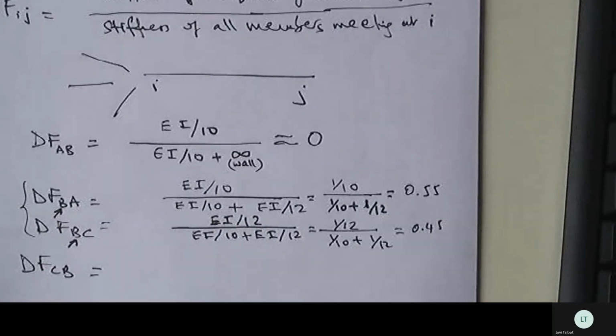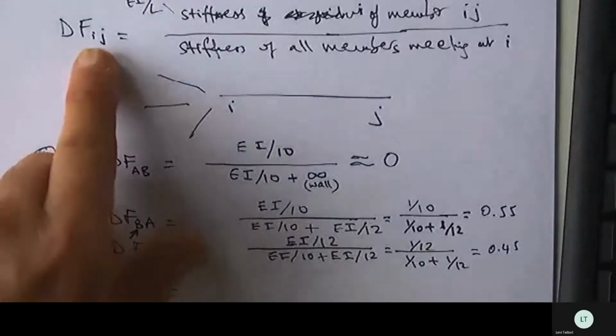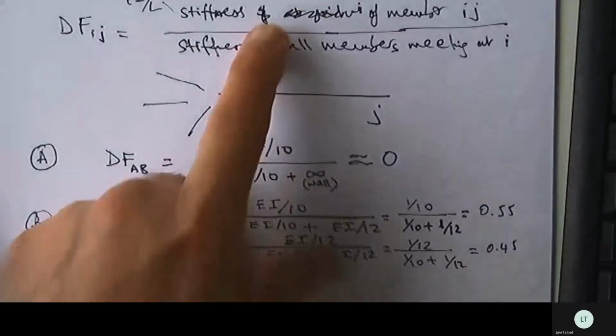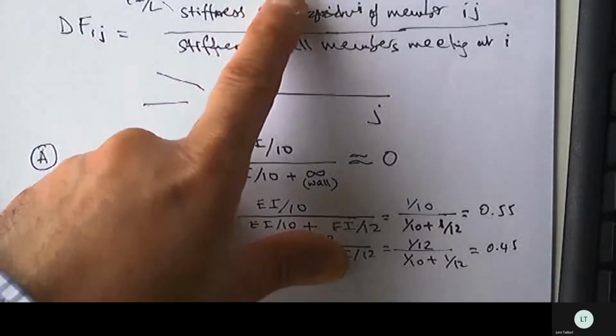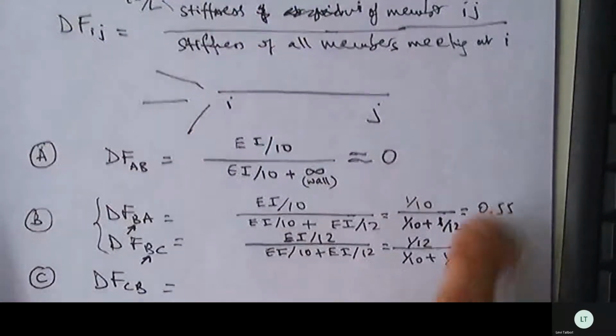What do you notice here? It's actually by the definition itself, because if you add the distribution factors at a given joint, you get the numerator equal to the denominator, and therefore you get 1 all the time.